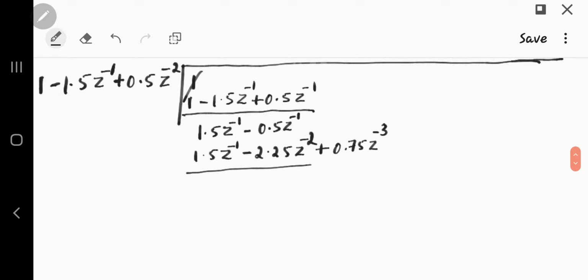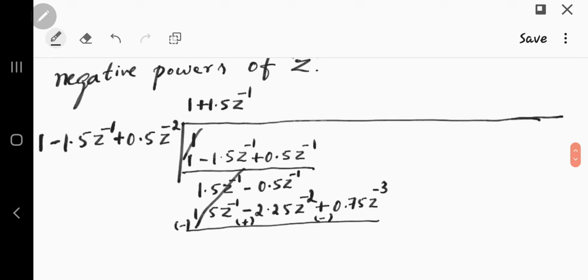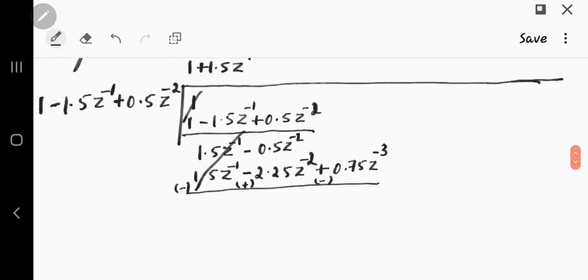Now this is minus, this becomes plus, and again this is minus, so these two get cancelled. So 2.25 z power minus 2 is there, and here I think this power is also minus 2. So you get minus 2 here as well.